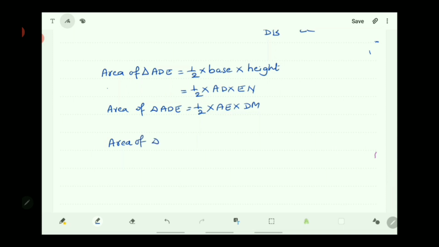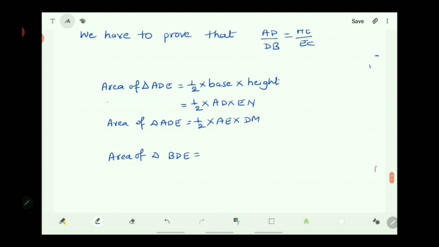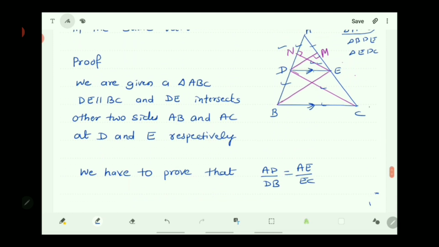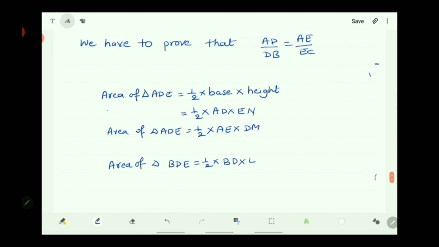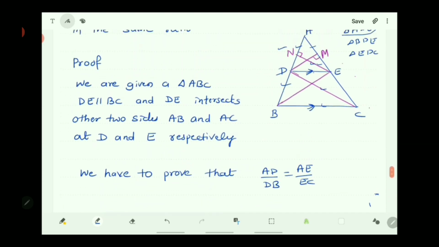Area of triangle BDE. Taking BD as the base, it is half into BD into the height, and here this is the height, that is EN. So it becomes half into BD into EN. Next, take the area of the triangle EBC. Next you take the area of the triangle DEC.